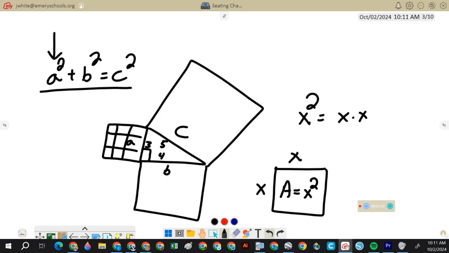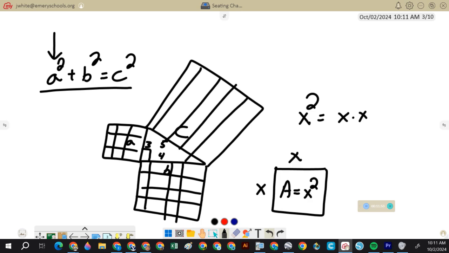And B squared is going to have 16 squares. Now, they're all supposed to be the same size, but I'm not a good artist. And C is going to have 25 squares. And notice the 9 squares from over here and the 16 squares from over here added together are equal to the 25 squares over there.